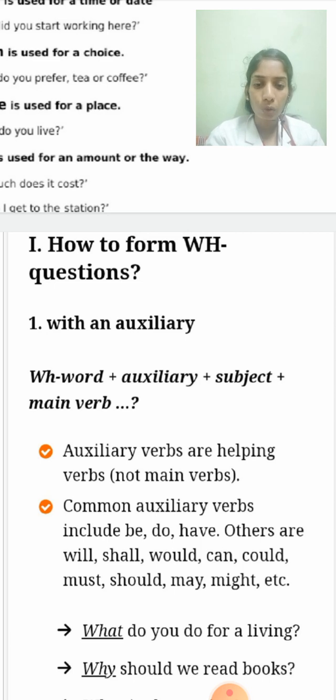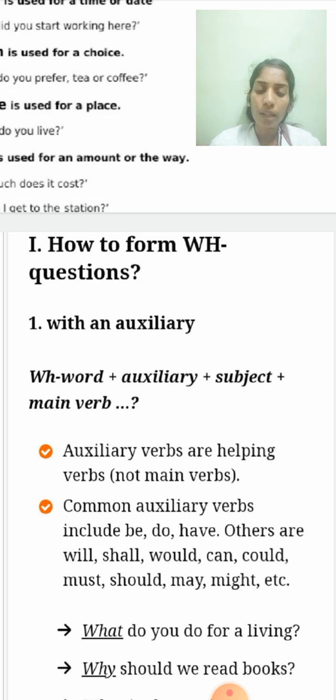First of all, we should add what or where, which, when, plus auxiliary. Auxiliary here represents the helping verbs. It's just a helping verb only, not a main verb.